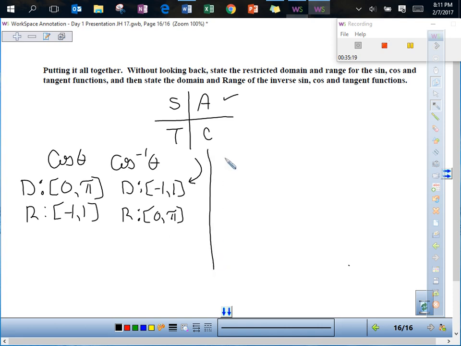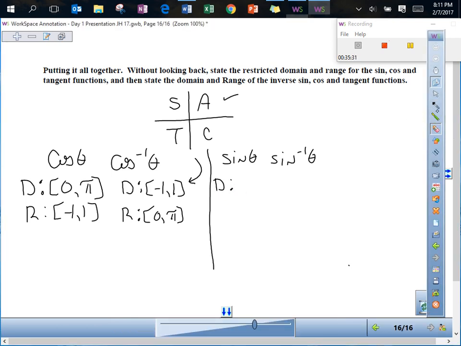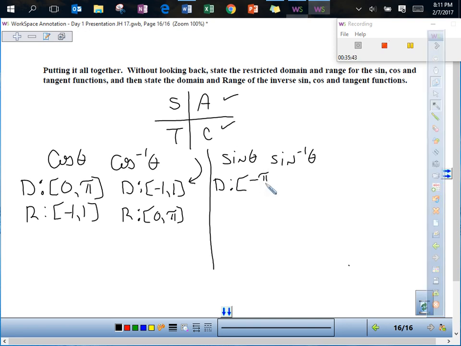If I do the same thing for the sine, I got sine theta and inverse sine theta. Remember your restricted domain. You got to use quadrant 1 again. You can't use quadrant 2 because that's also positive. So my domain is negative pi halves to pi halves.